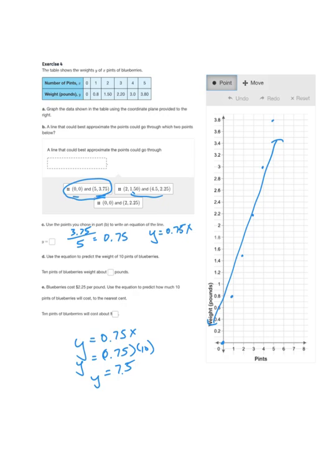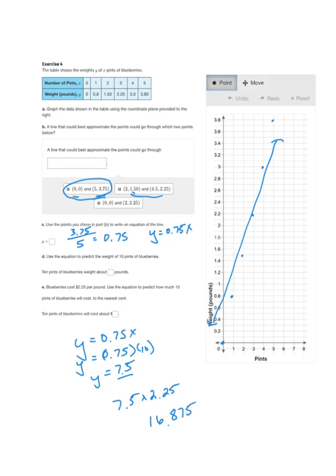For the last part, it says blueberries cost $2.25 per pound. Use the equation to predict how much 10 pints of blueberries will cost to the nearest cent. So if it's 7.5 pounds, we're going to multiply 7.5 times 2.25, and we get exactly 16.875.